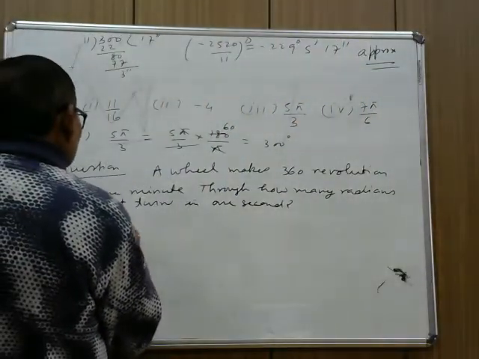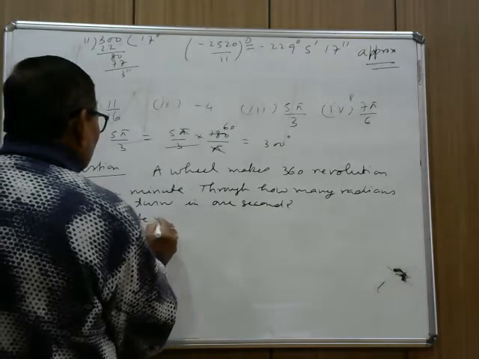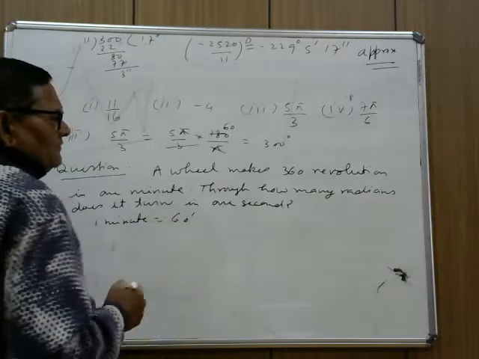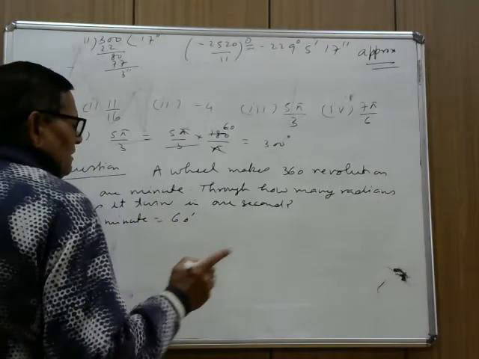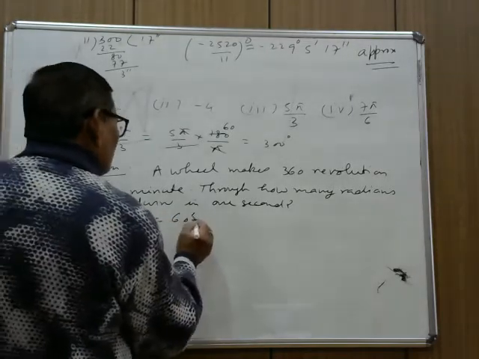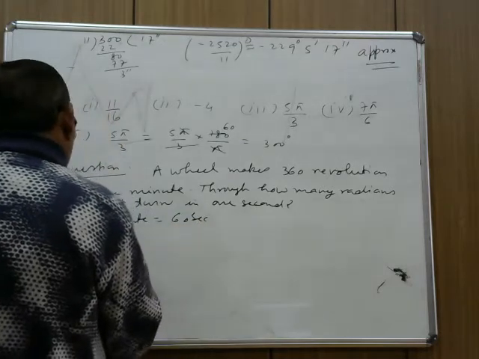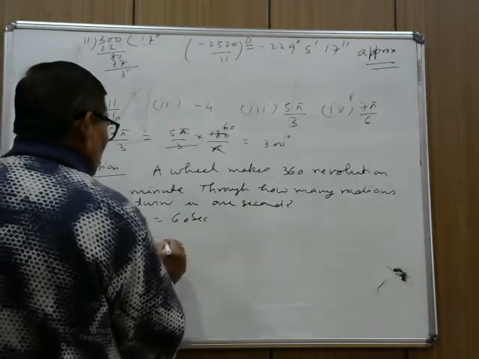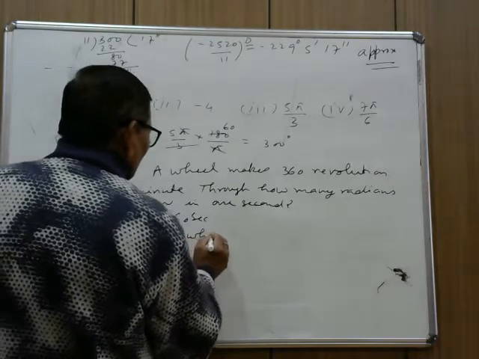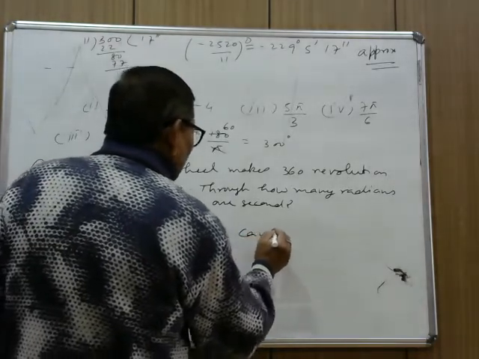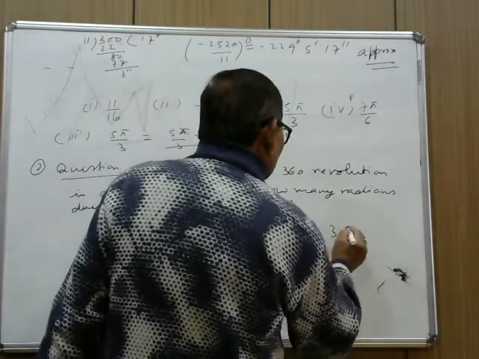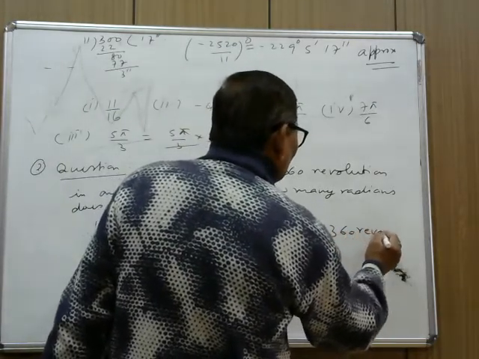So the wheel is describing 360 revolutions in 1 minute. It means that in 60 seconds a wheel can make 360 revolutions.